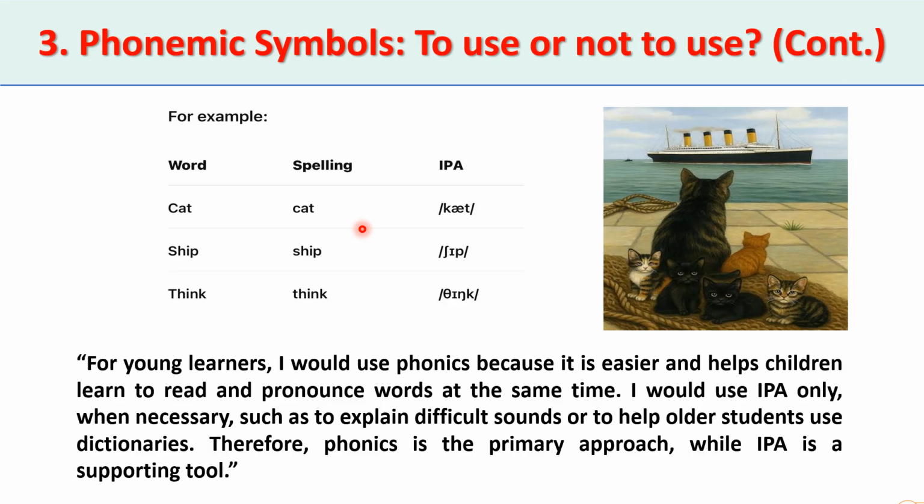Actually, if we look at the word cat, it contains the letter C, vowel A, and consonant T. But when we combine consonant, vowel, consonant, we can read the IPA for cat, because this sound we pronounce A. So this is the IPA, the sound that we use to represent the word cat.